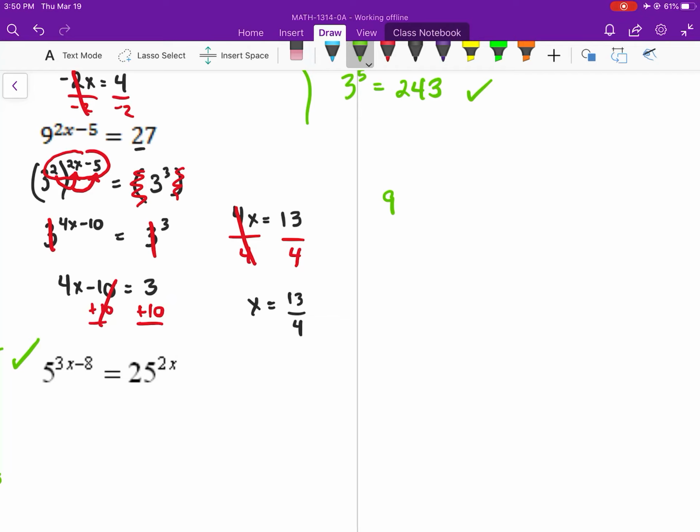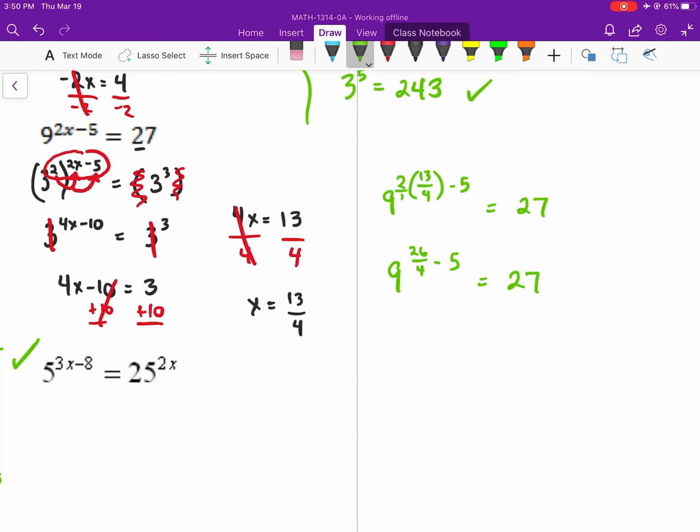So again, what we're going to do is go right back to our original. 9 to the power of 2 times 13 fourths minus 5 equals 27. Let's see, I need to put that 2 over 1, so I can do numerator times numerator, denominator times denominator. So 9 to the power of 26 over 4 minus 5 equals 27.